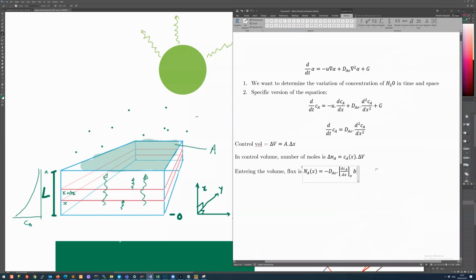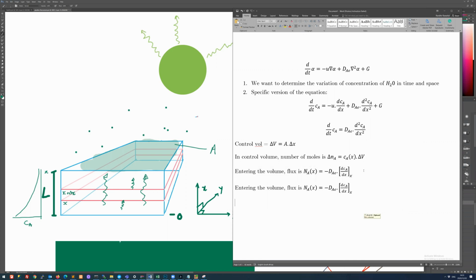So entering the volume, that's the flux. And then leaving the volume, the flux is going to be the flux at X plus delta X. It's going to be the same form.